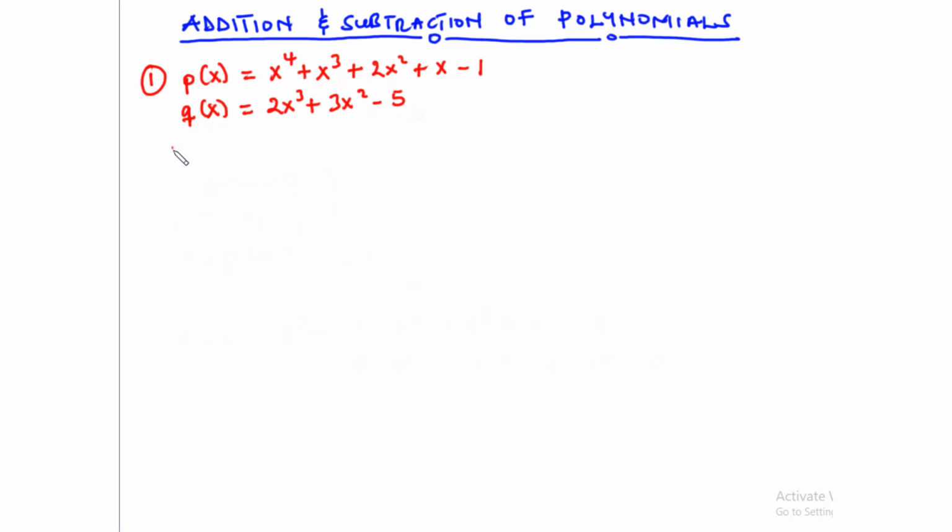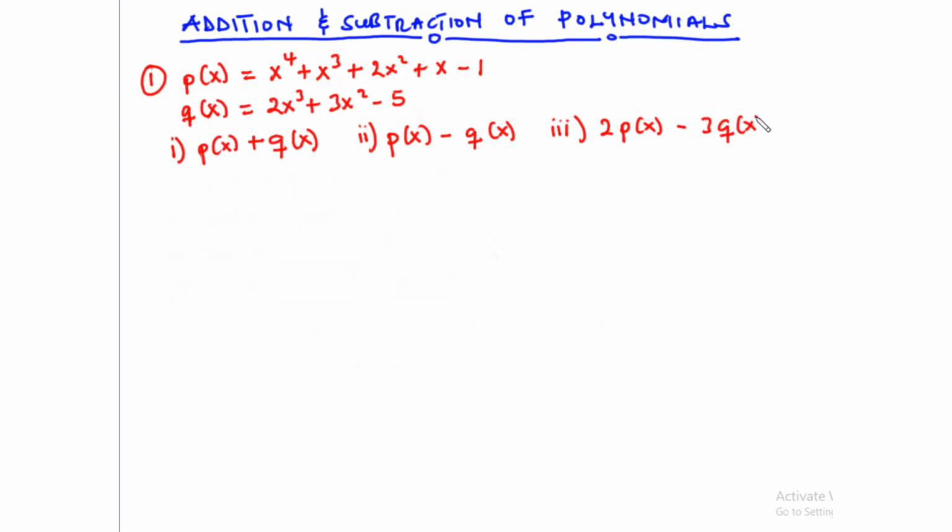Now we are asked to find (i) p of x plus q of x, (ii) p of x minus q of x, and (iii) 2 times p of x minus 3 times q of x.